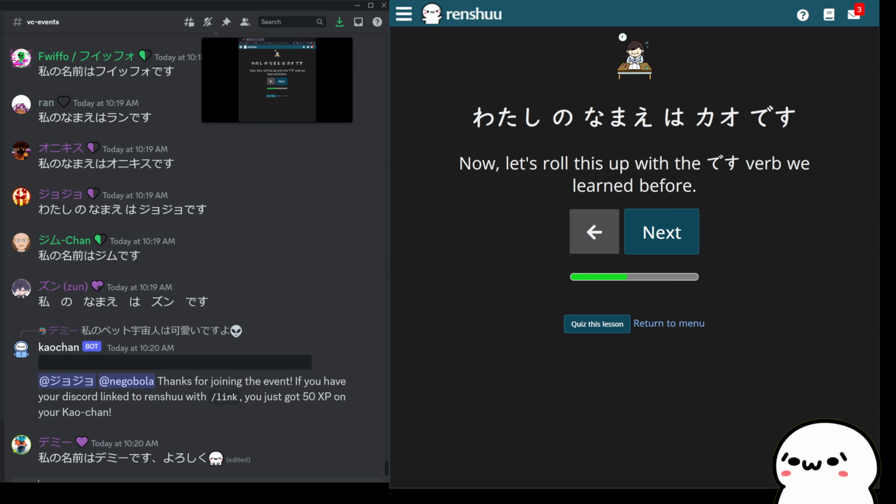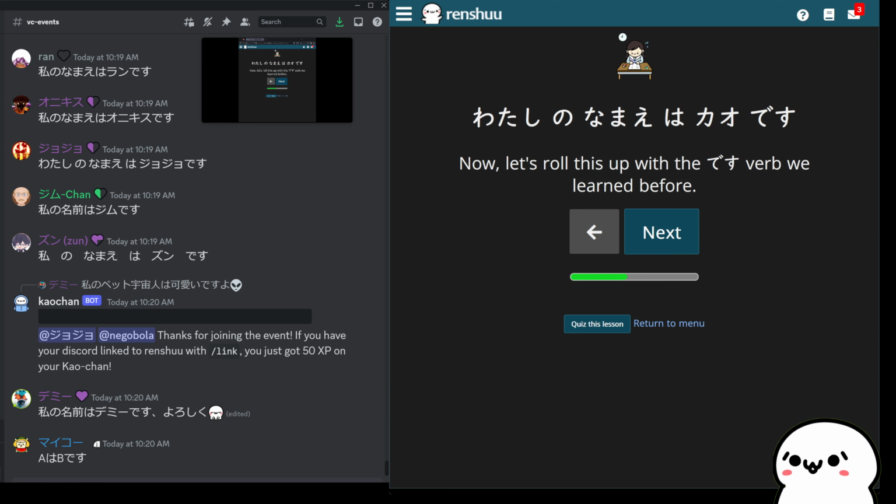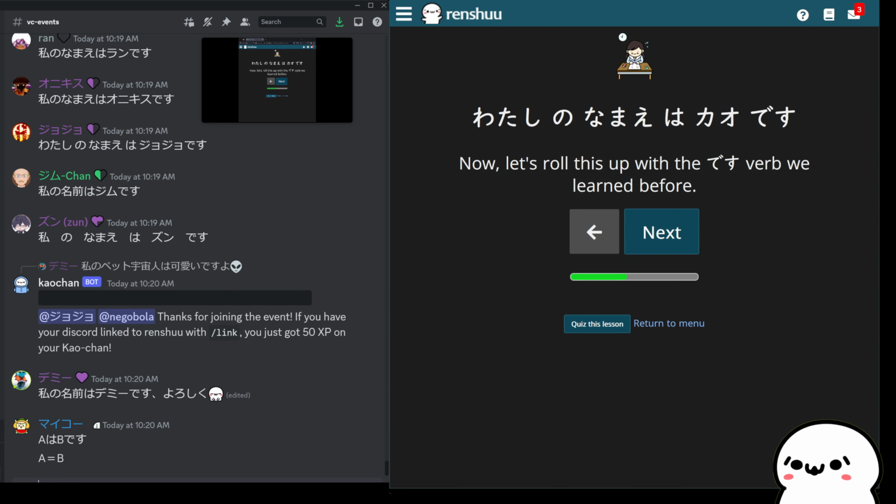Now, pulling this back to what we were talking about before, we originally said our A wa B desu sentence, we were saying A is B. This pattern is used to say the thing that we're talking about before is the thing that comes after it. These two things are the same. One's describing the other.